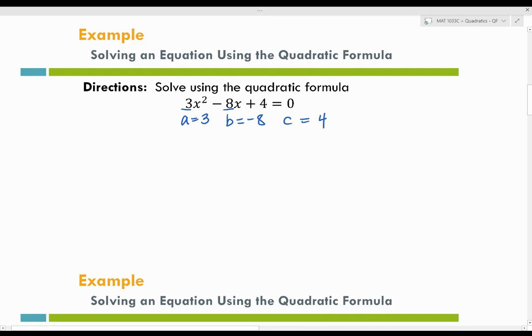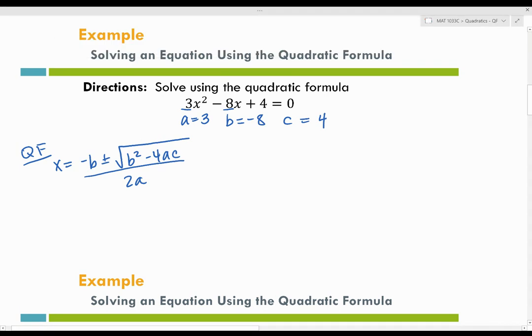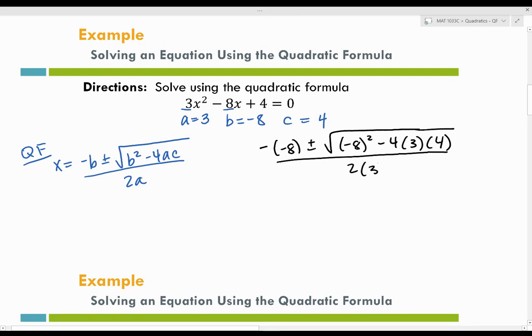We're going to plug those values into the quadratic formula, which is x equals negative b plus or minus the square root of b squared minus 4ac all over 2a. So I have negative 8 plus or minus the square root of negative 8 squared minus 4 times 3 times 4 all over 2 times 3.